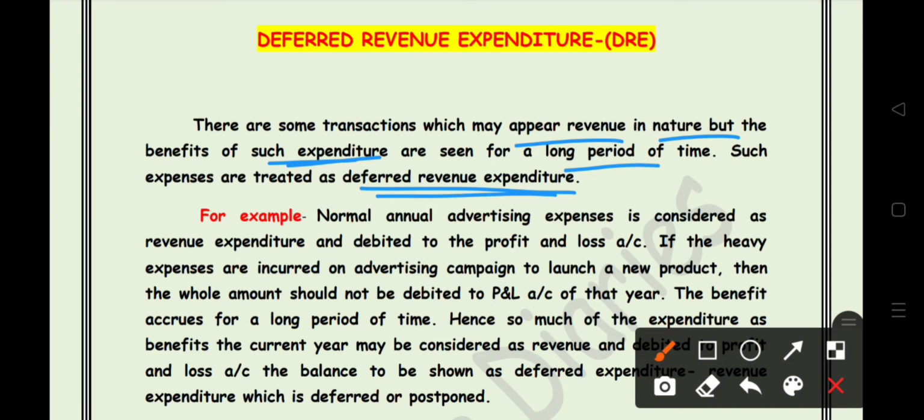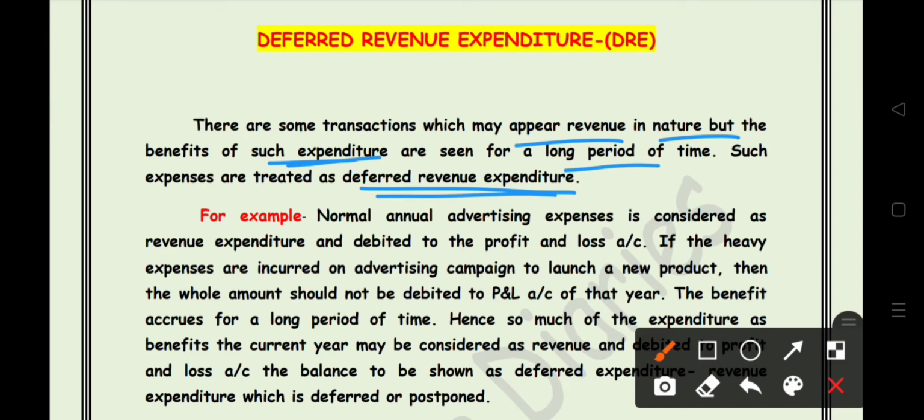Such expenditure cannot be exhausted within the year, or we cannot write off those expenditures in one particular year. We will carry forward those expenditures and their benefits into the upcoming and succeeding years.